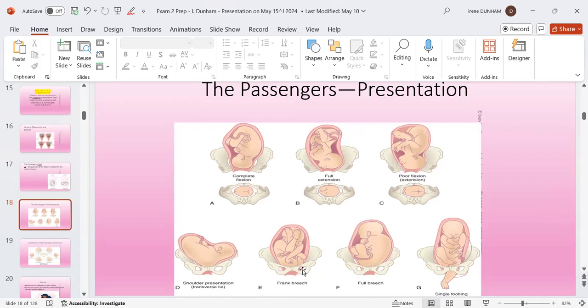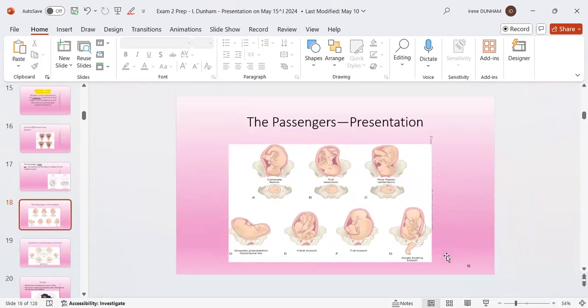His buttocks, right? And so these will be sectioned, okay? And this one was presenting his shoulder, okay? So you can't deliver a baby that way. And this guy here was real eager to be born, so he's already ready to walk. So we've got his foot coming down. That's called a single footling breech. Okay, all right. So those are presentations.